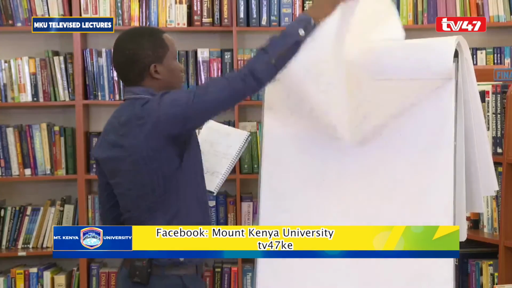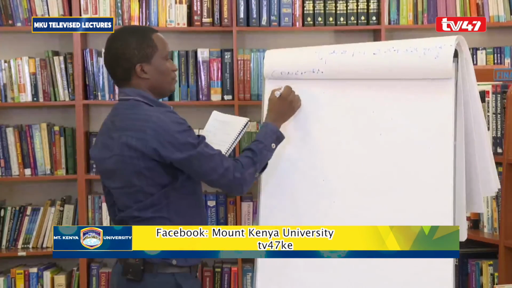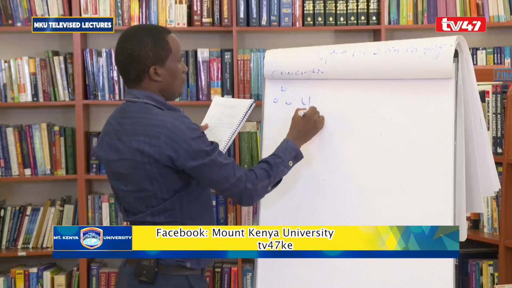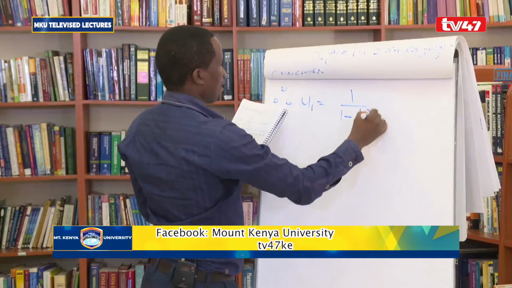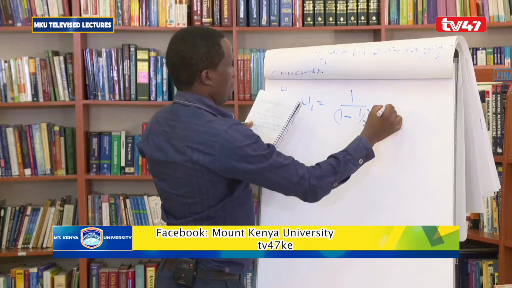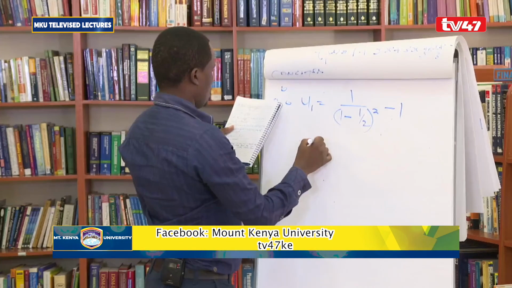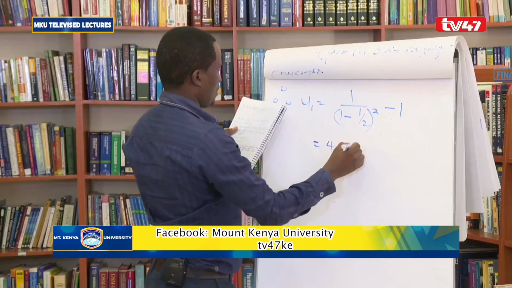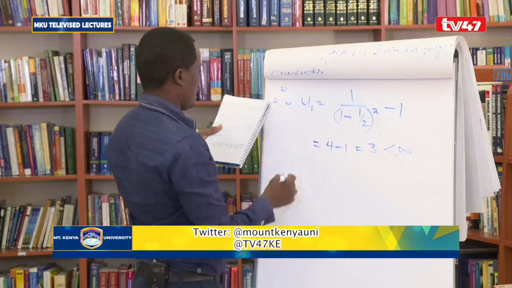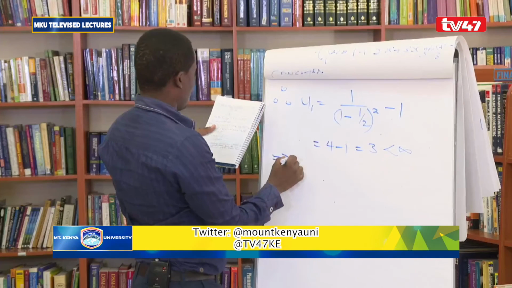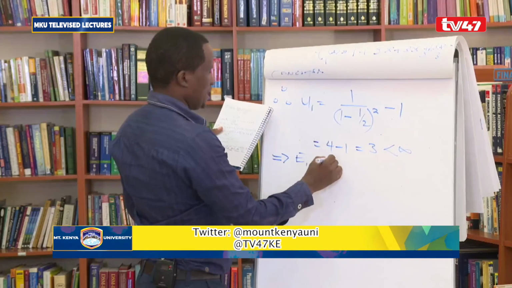And therefore, u1 is equal to 1 over 1 minus a half, all squared, minus 1, which is equal to 4 minus 1, which is equal to 3. And we notice that this is less than infinity, which implies that E1 is non-null.